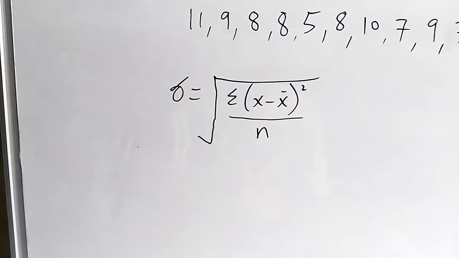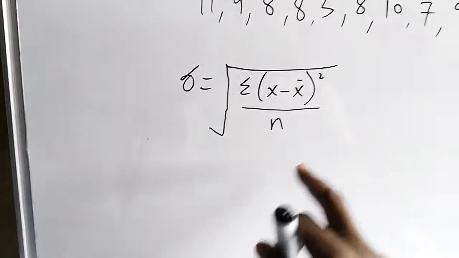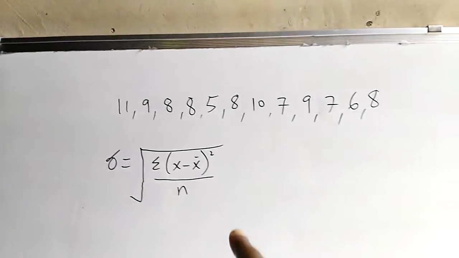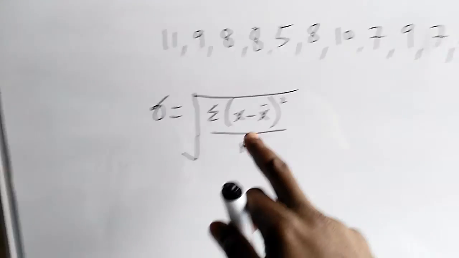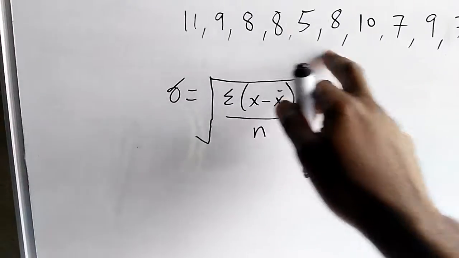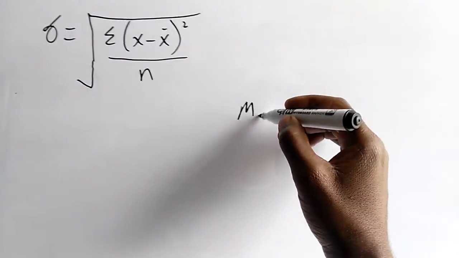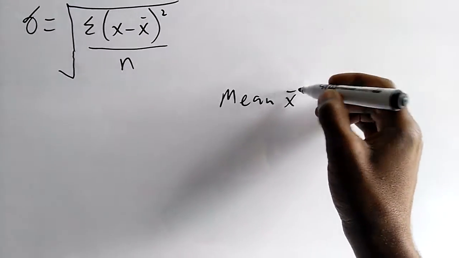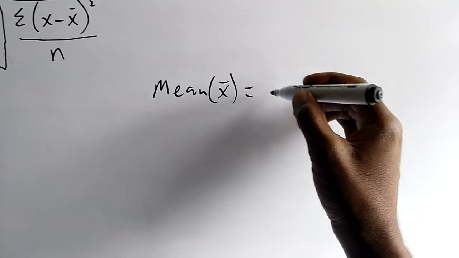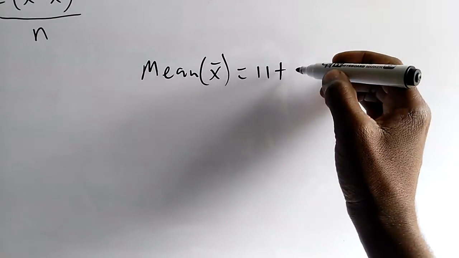And so this is the formula for the standard deviation. These are the marks given. And so we don't have the mean, but we have the marks. And so to get the mean, the symbol for that means we have to add up all of these.